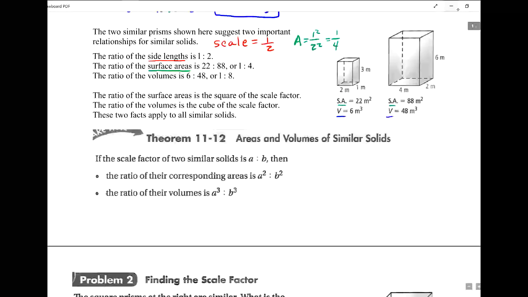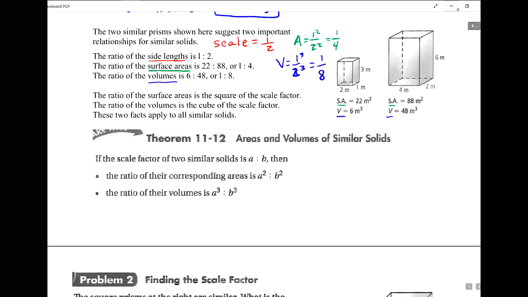Well, length is just length, area is squared. So what do you suppose of volume? Volume is going to be our scale, you guessed it, cubed. So that's going to be a 1:8 ratio.